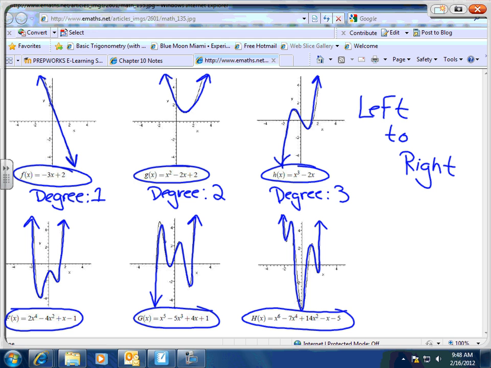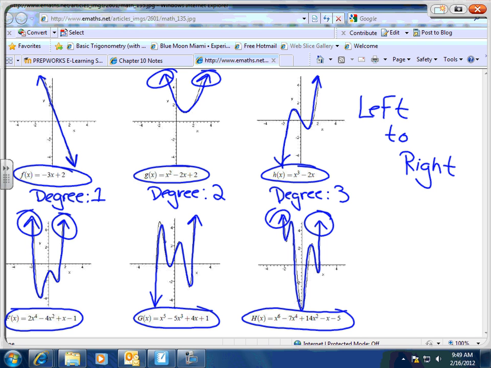Now, what do you notice about the squared, the fourth, the sixth? When they're all positive, remember, the a's here are positive. They are all even exponents. What do you notice about the end behavior? They're going up on the left and up on the right. Up on the left, up on the right. Up on the left, up on the right.